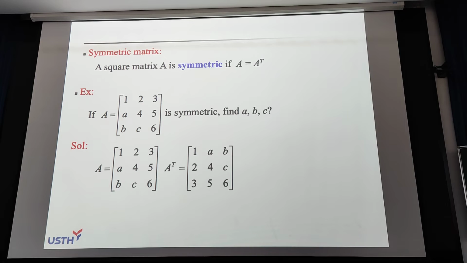Then, because A equals A^T, you will get a equals 2, b equals 3, and c equals 5. If you put it here, you will see a equals 2, b equals 3, and c equals 5. That is why it is symmetric about the main diagonal.